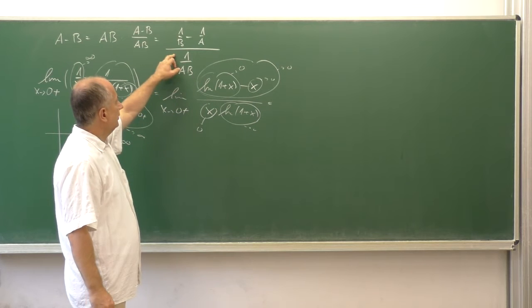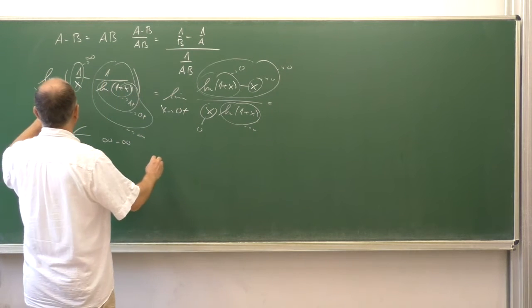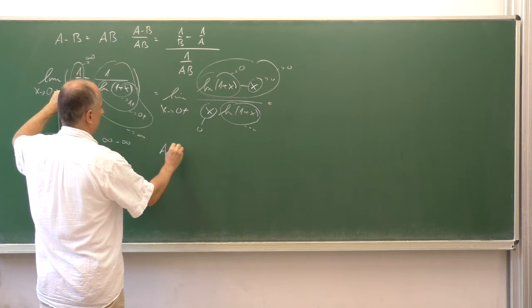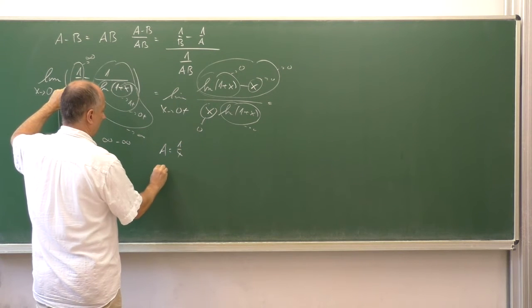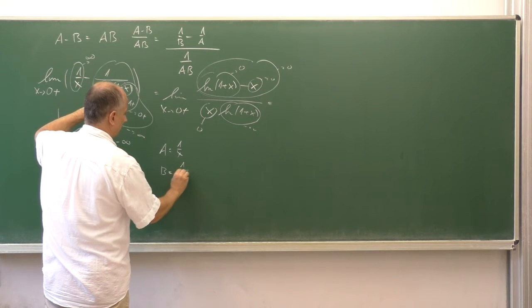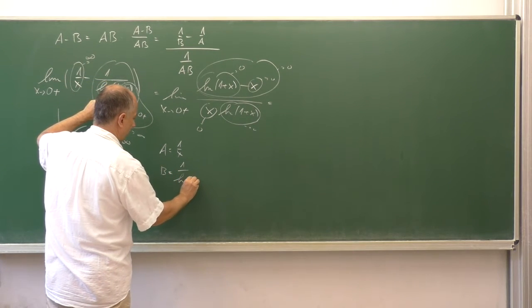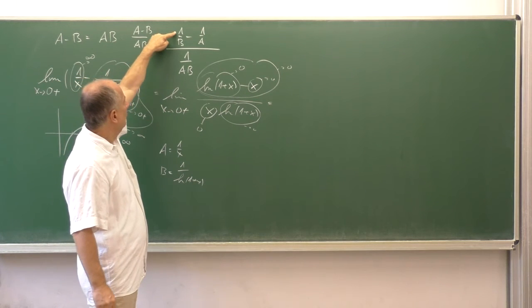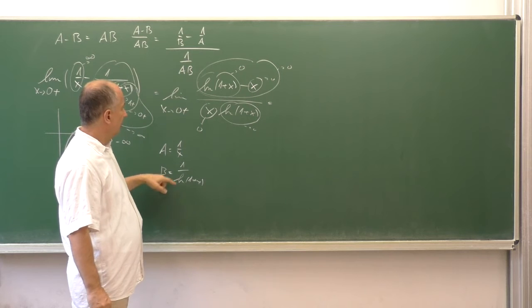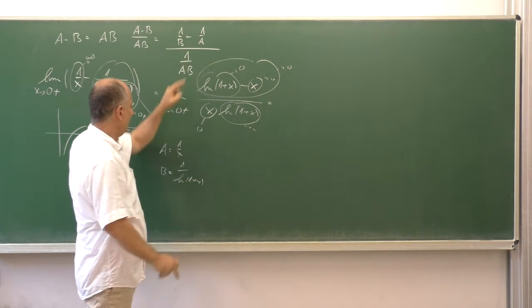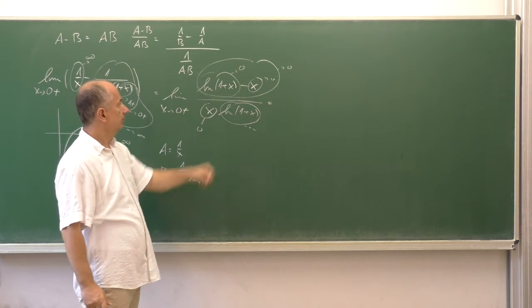This is actually in this form because if you consider a to be 1 over x and b to be 1 over logarithm of 1 plus x, then here we have 1 over b, which is logarithm, minus 1 over a, which is x.